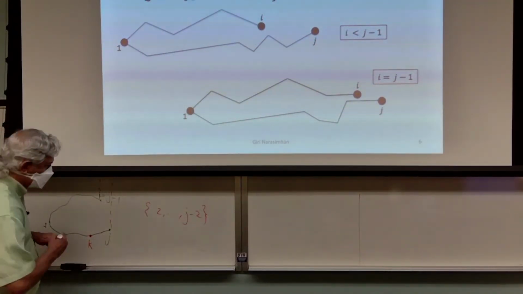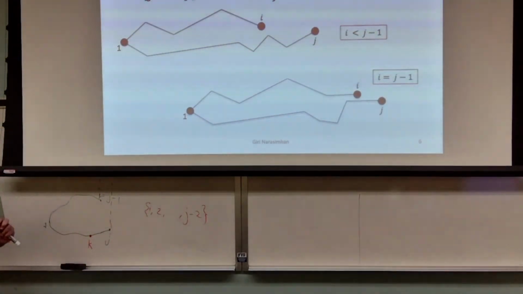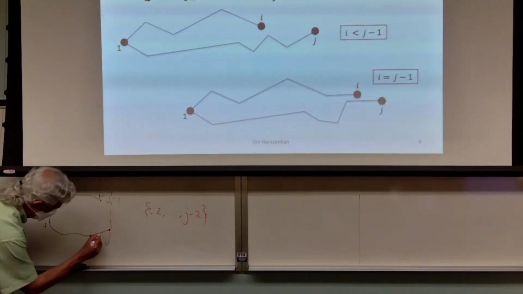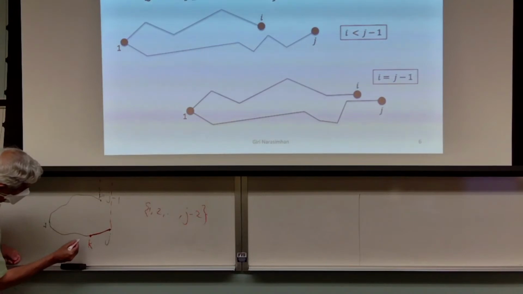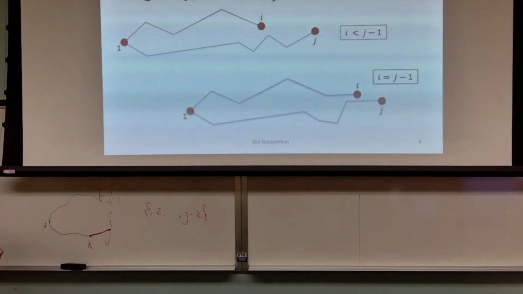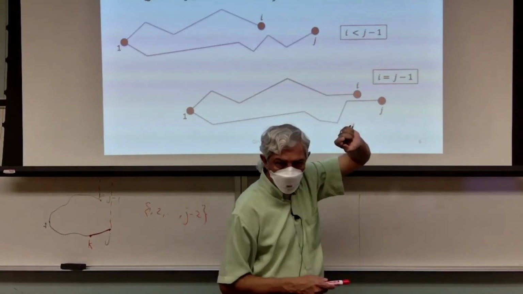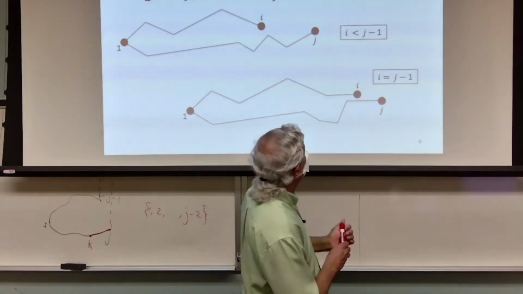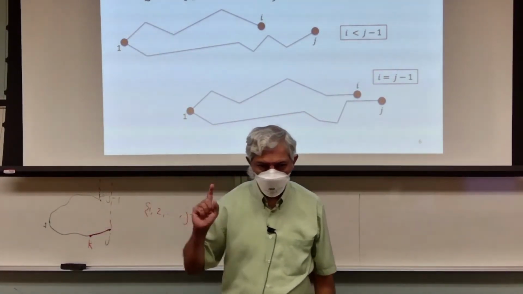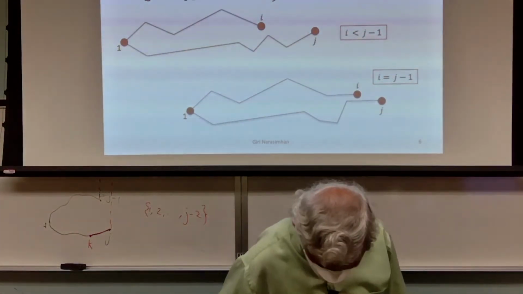So k could be any of these values, and so I have to try them out. Now, what is the actual path length going to be? The path length is going to be this edge plus a partial path that goes from i to k. And that's what you see. That's the partial path from i to k, but i is j minus 1, plus that one edge from k to j. And that's what you see there. Is that clear now?